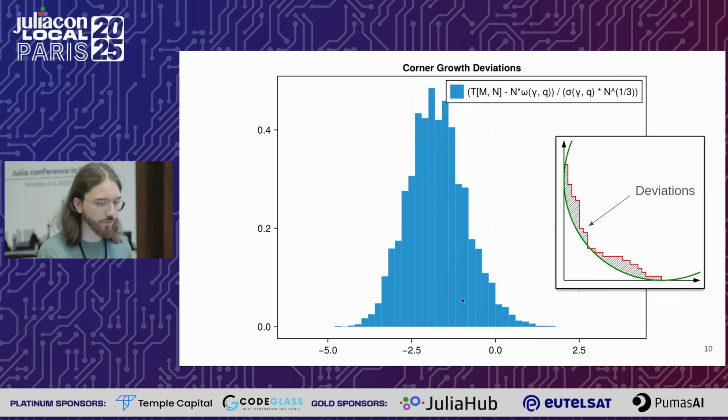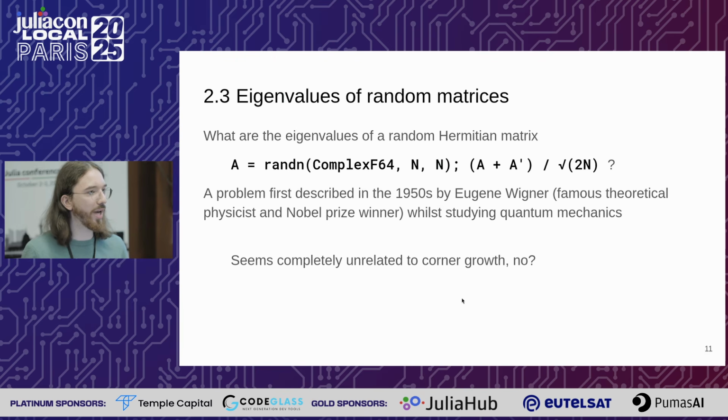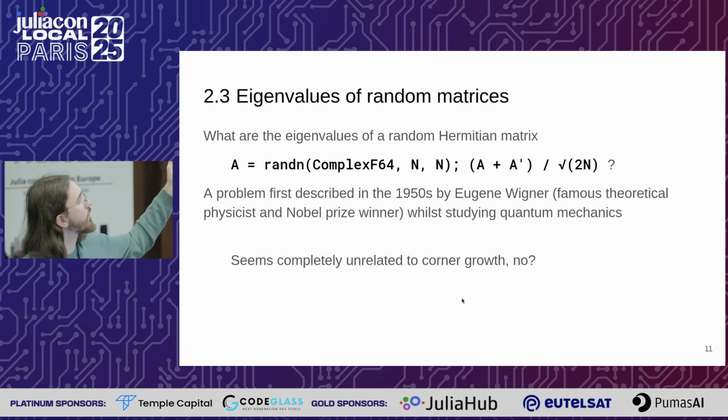And now we're going to be talking about something seemingly completely different, namely random matrices, and in particular eigenvalues of random matrices. So the question I pose unto you is basically, what if we have a random Hermitian matrix? So in Julia, we can just generate this with the randn command.